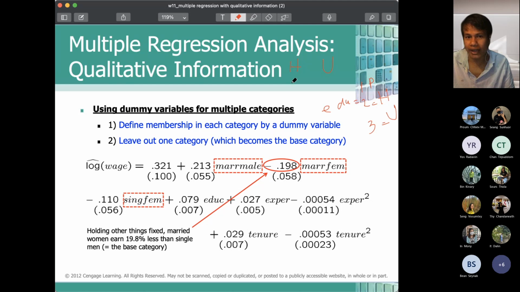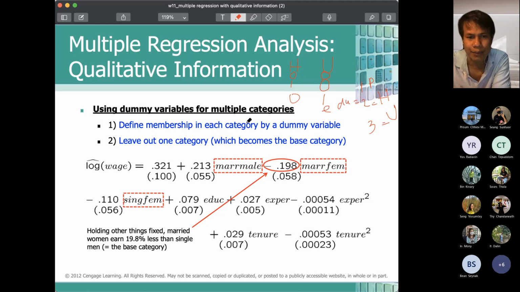So I will have 1 if a person has a high school certificate. Otherwise, the household does not have a high school or university degree; they only have primary education. So if you have three categories, you should include two dummy variables in your model. You will understand more when it comes to practice.